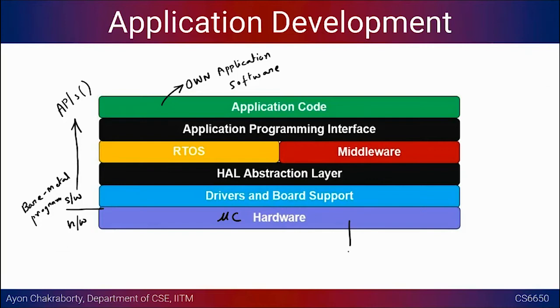Suppose there is an LED here, and in your application software, you might have access to an API called turn on LED, turn on some underscore LED, let's say. This is an API, and all you have to do from your application software is call this function. If you call this function, all these complicated things happen, which eventually help in turning on this LED.